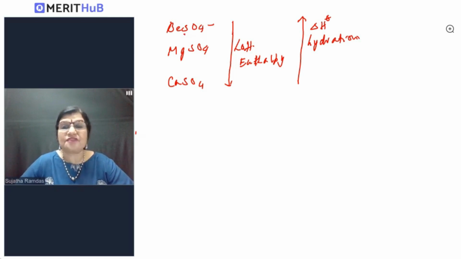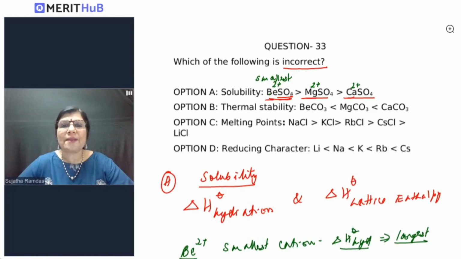So the energy released during hydration far exceeds the lattice enthalpy, and hydration enthalpy is the dominant factor for beryllium sulfate. That results in beryllium sulfate being the most soluble in water. So solubility decreases from beryllium sulfate to magnesium sulfate to calcium sulfate. These are the two enthalpies which decide this statement. So going back to the question, option A is correct.